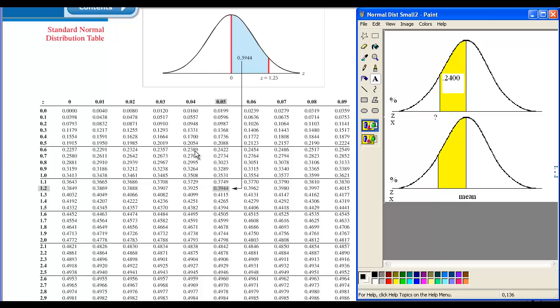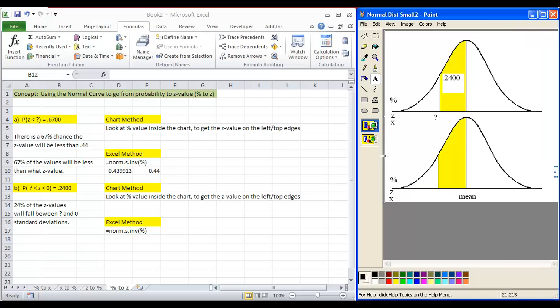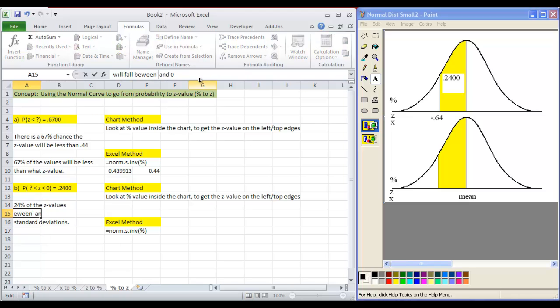So 0.64 is closest. So when I look up this value using the z-chart, we found that this one, because it's on the left side, is going to be negative 0.64 standard deviations below the mean. So 24% of the values will fall between negative 0.64 and 0 standard deviations.